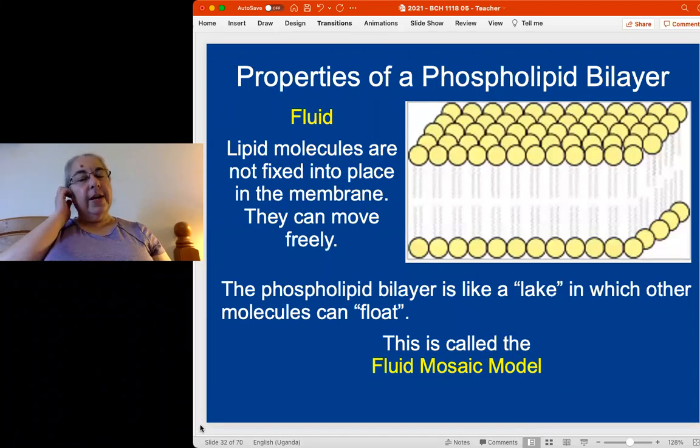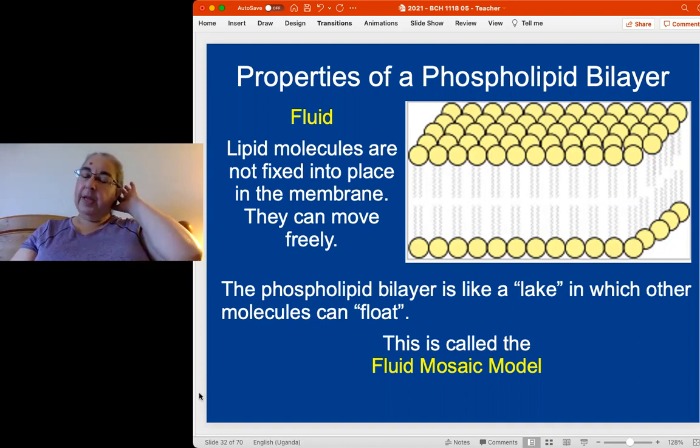Okay, so let's move on now to think of some of the properties of the membrane, of a phospholipid bilayer, that come from this structure. The first one I've already mentioned: the fluid mosaic model is called the fluid mosaic model because the molecules involved in it are fluid. They can move around. Each of these lipid molecules in the bilayer is not fixed in place.